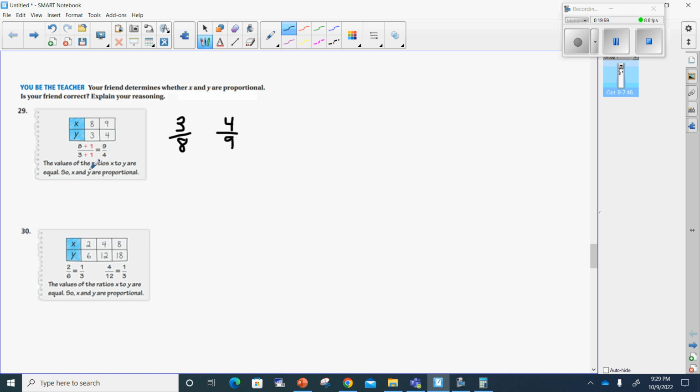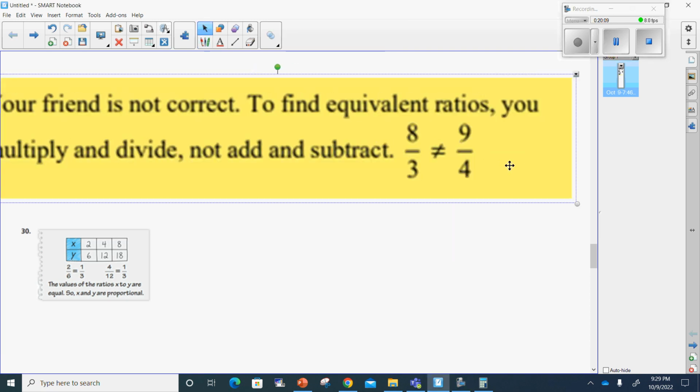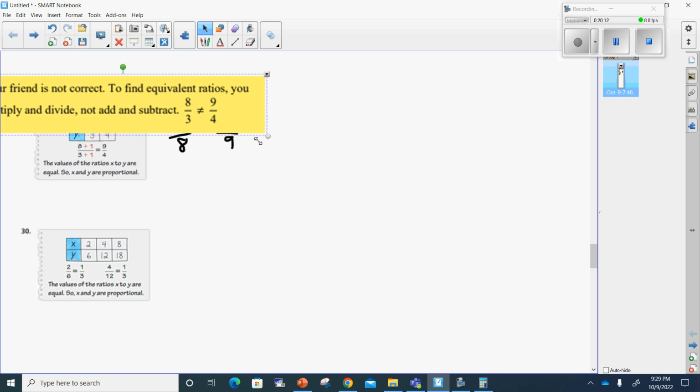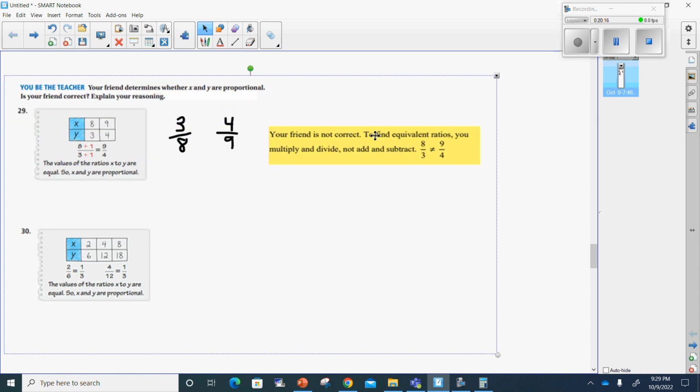The ratios are multiplied and divided, not added. So to save me some time, I'm pasting this in. And it says right there, your friend is not correct. To find the equivalent ratios you multiply and divide, not add and subtract. 8 over 3, and they're going the opposite way. 8 over 3 is not equivalent to 9 over 4.